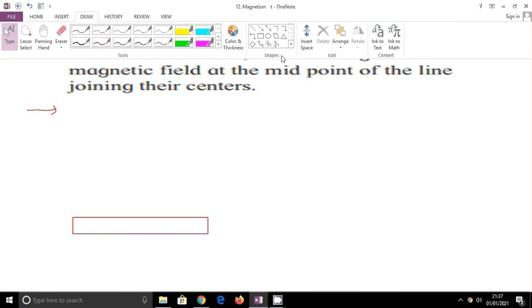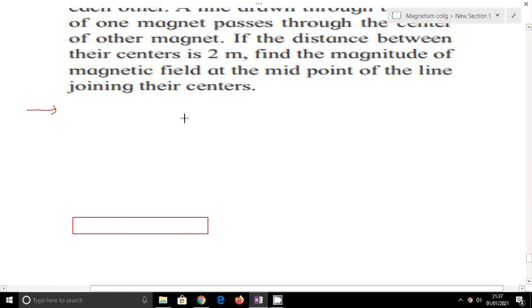So we have to draw a second bar magnet in such a way that its axis is perpendicular to this one. So here I draw the second bar magnet.